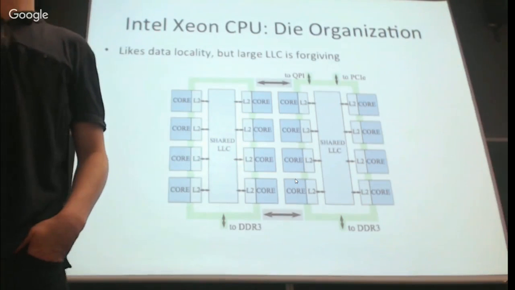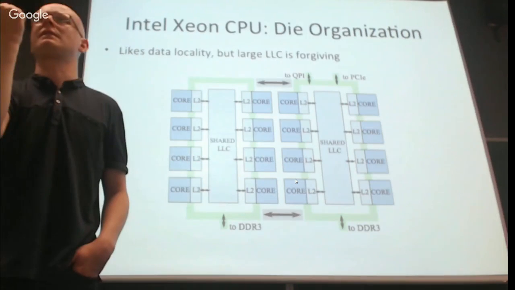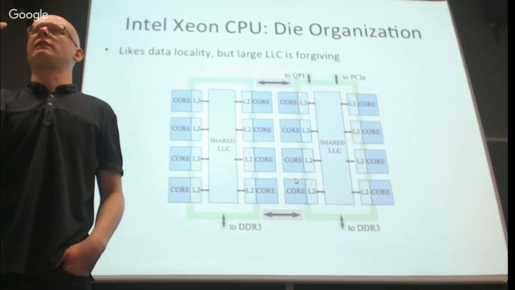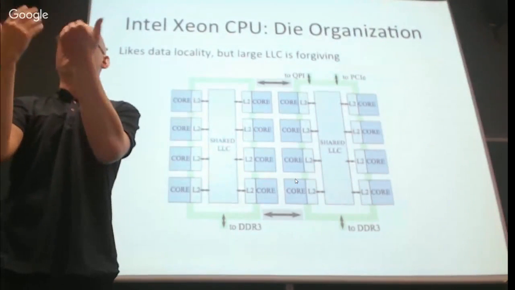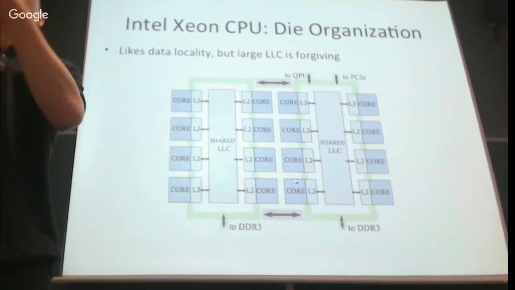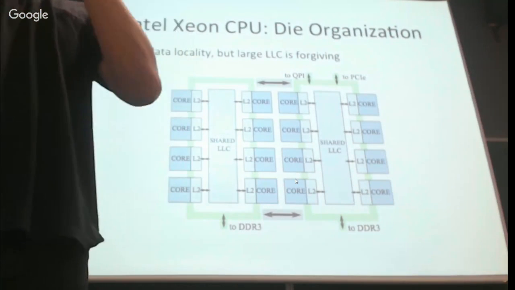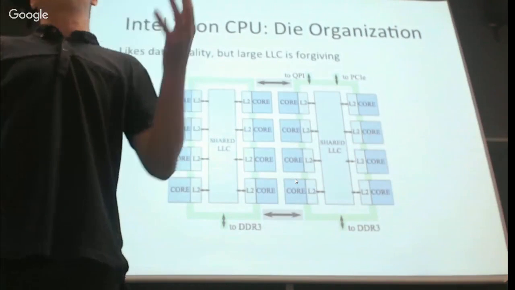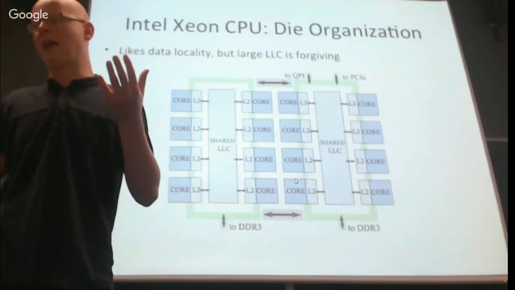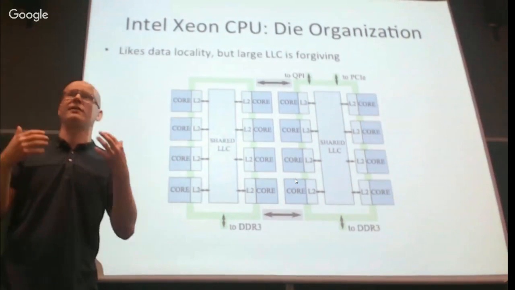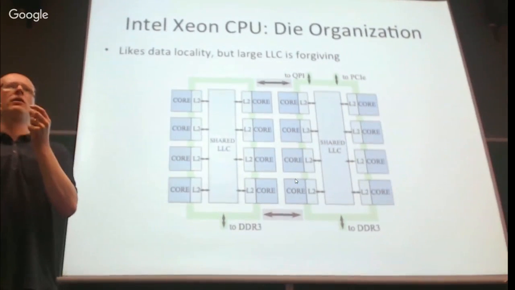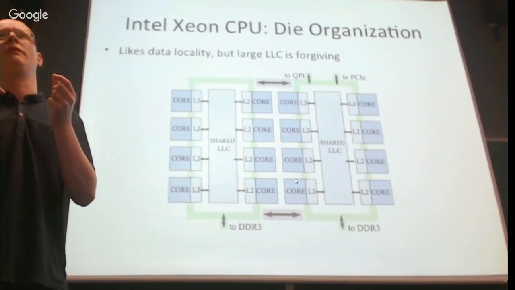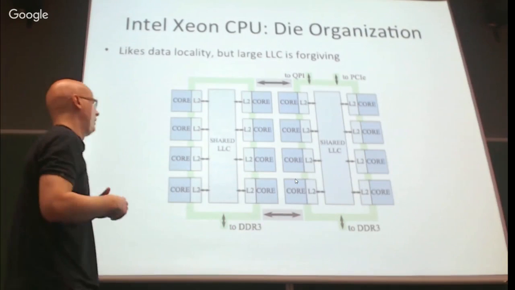So what that means is that you can hide latency penalties, you can hide misses to DRAM memory much more effectively, because all your threads are sharing this last level cache, and can effectively communicate with each other by way of the LLC. Because it's large, you can fit a lot of data into it. Imagine if that last level cache was small, which it is on the Xeon Phi, then you really need to think about localizing your data explicitly rather than leaving it to the compiler and the runtime to do it for you and the hardware.